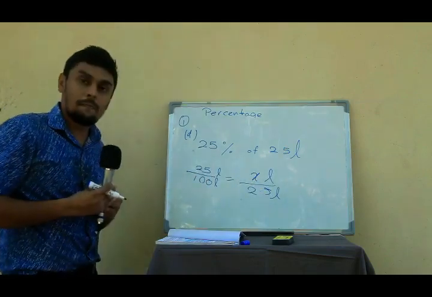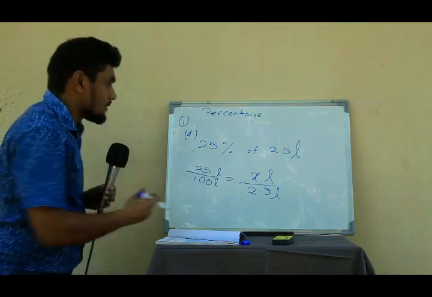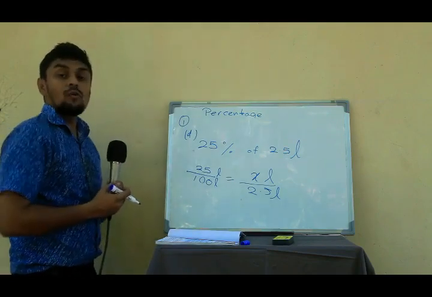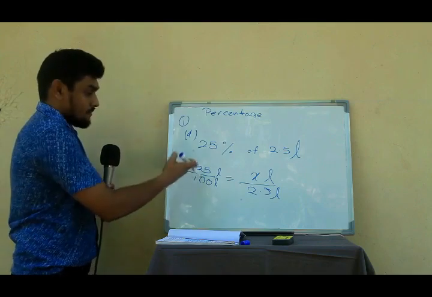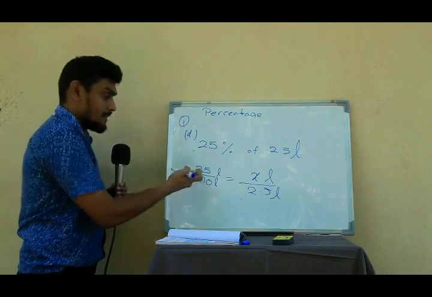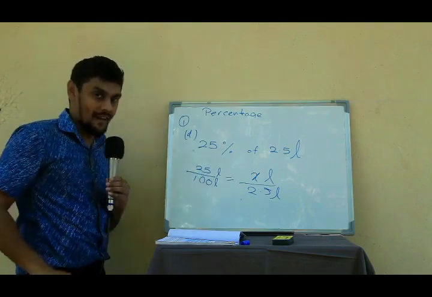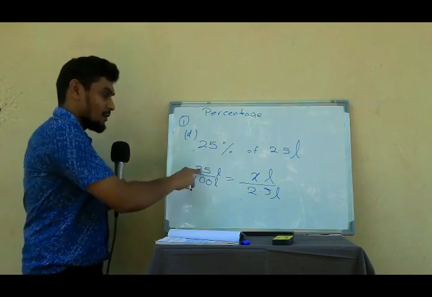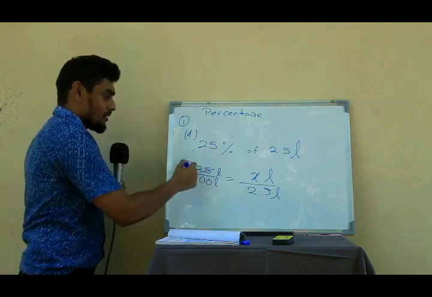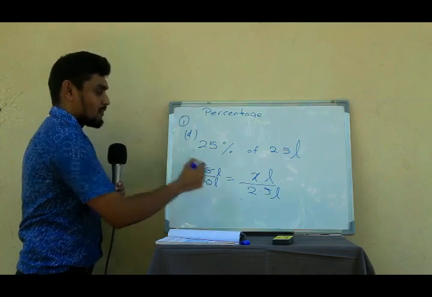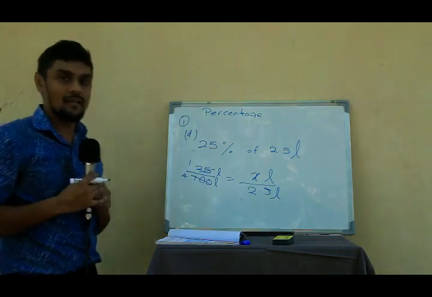So simple, right? So how to solve this? This is a fraction. Yes, equivalent simplest fraction is 25 over 100 means 1 over 4. That is the simplest way.